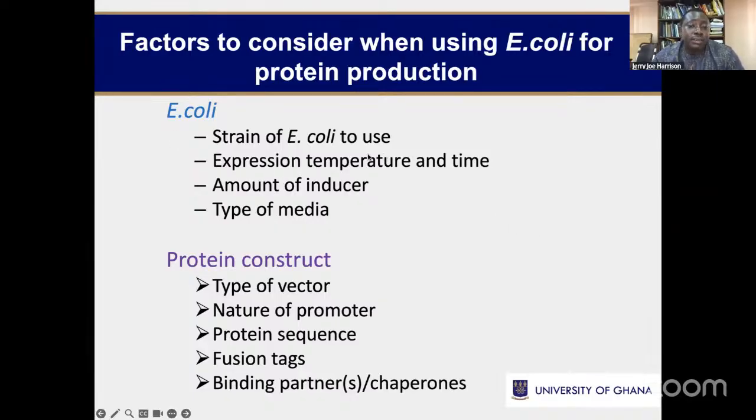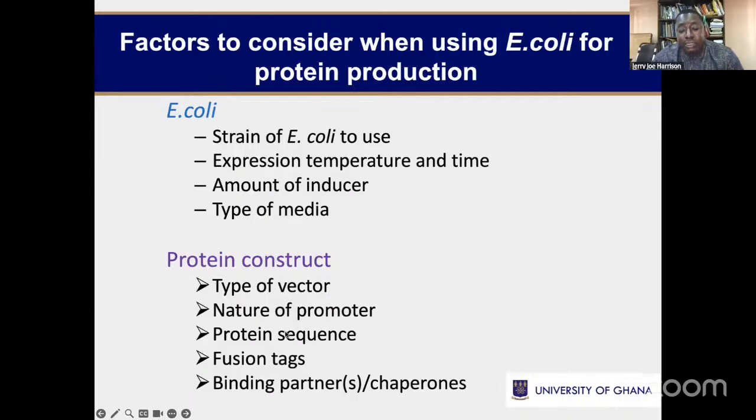What strain, temperature, the amount of inducer, IPTG or arabinose, whatever your inducer is, and then the type of media you are going to use. Sometimes you modulate or crisscross these, and then you can find a sweet spot where your protein expresses well. On the protein side, you look at what type of vector and promoter.